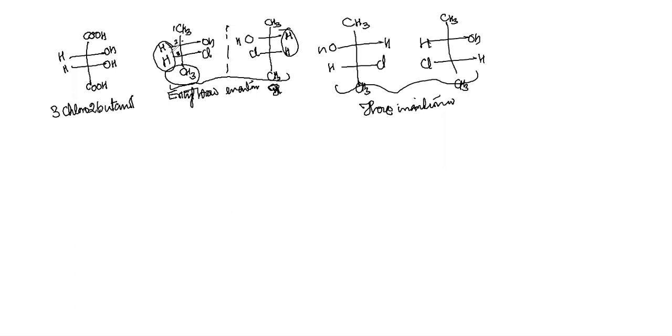So for erythro and threo, you have to consider only the groups on the second and third carbon from the bottom. So that is erythro and threo.